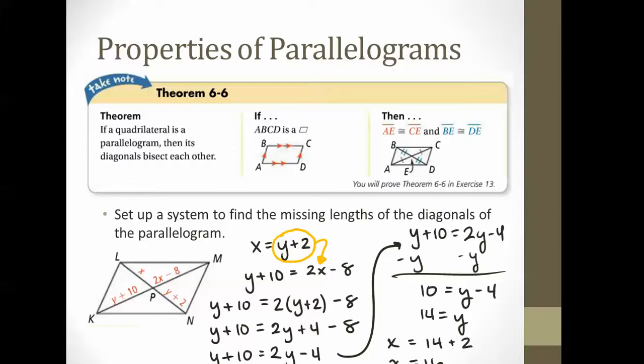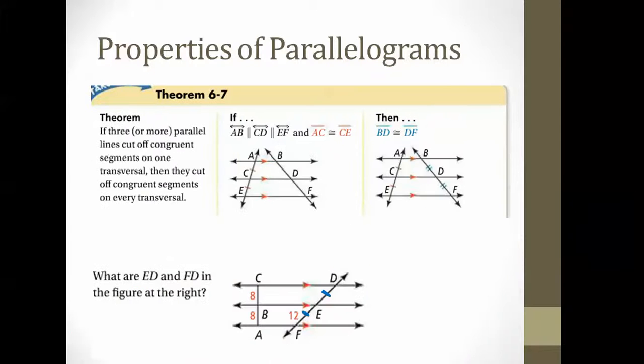Alright, and then I would do the same thing by plugging in a value for y. My value for y was 14, so 14 plus 10, I'm looking at segment KP, is 24. Again, double that to find the length of KM, so KM equals 48.